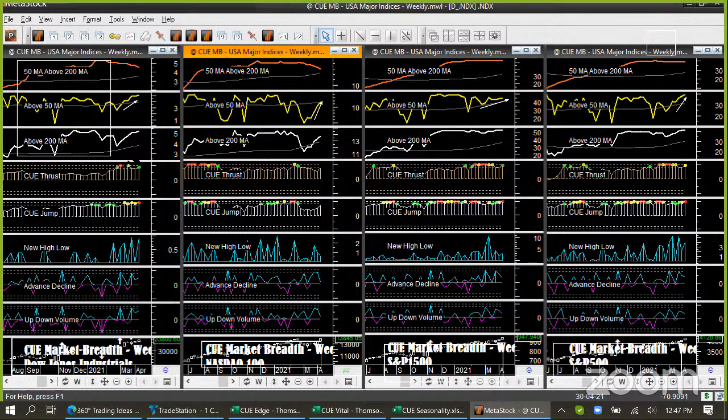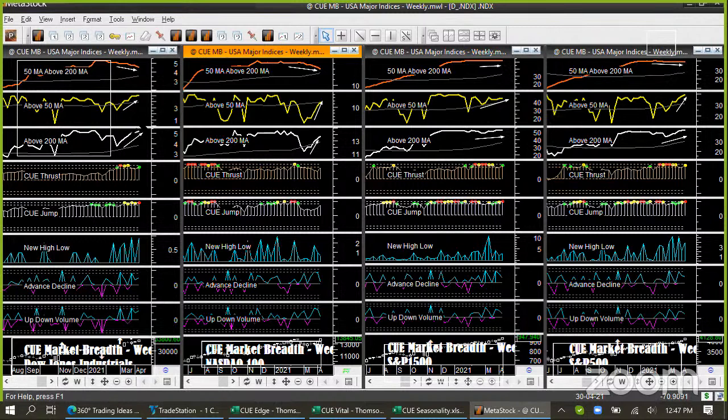If we look at percentage of stocks above 200-day moving average, that is also now above the average line for all the four major indices. The third moving average calculation, percentage of stocks where 50 MA above 200 MA, that is currently also above the average line.